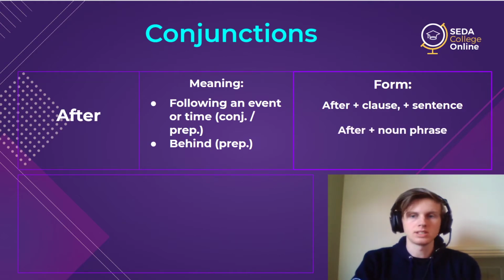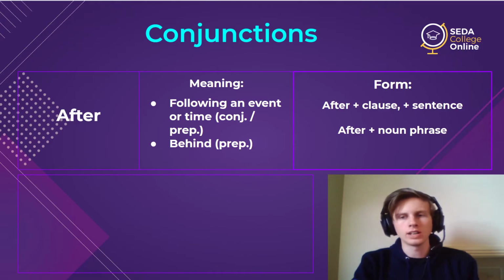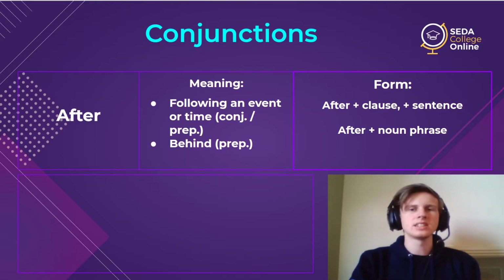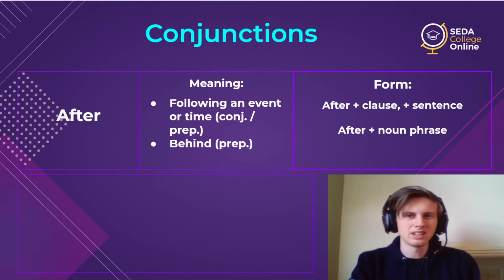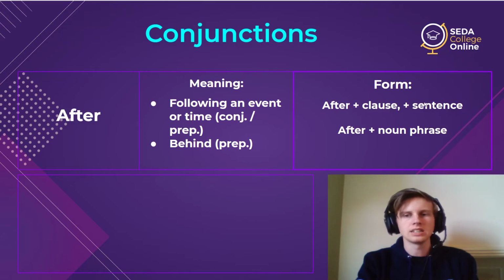If it's a preposition, now it's just a noun phrase. Normally it's not something you can confuse because they're used very differently. But this is how you identify what it is doing. You can look at what is behind it to see: this is your conjunction, this is your preposition.